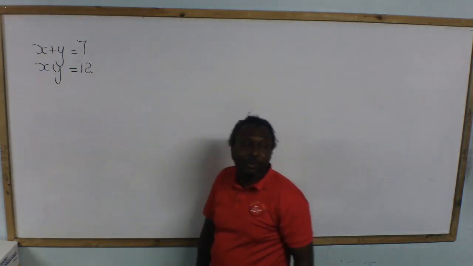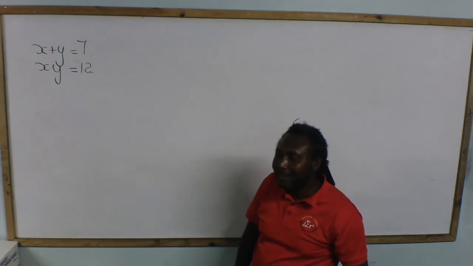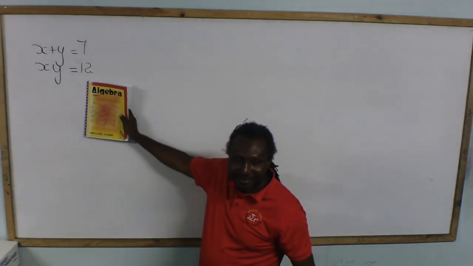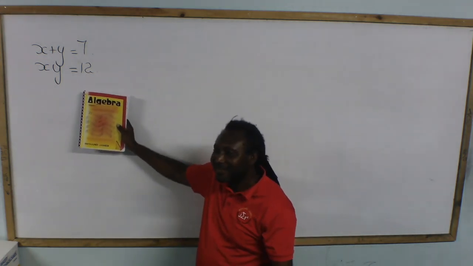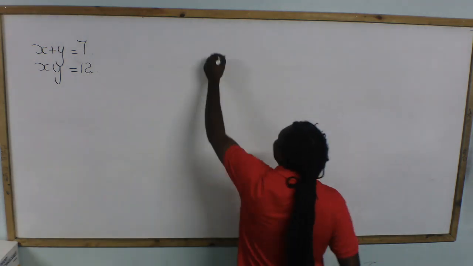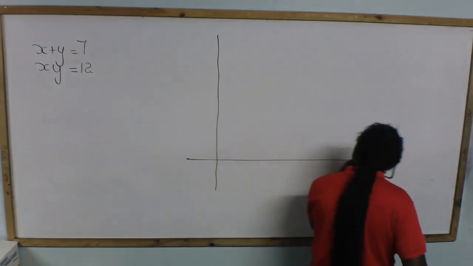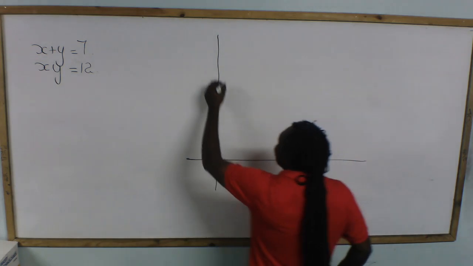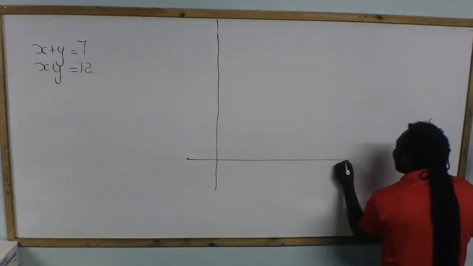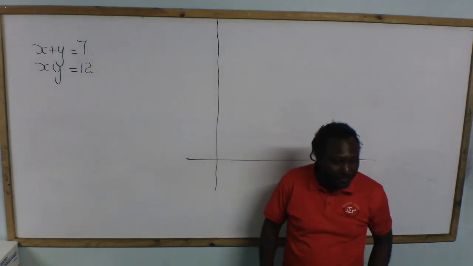The first one will be represented by a straight line. And the other one will be represented by a what? It is not a straight line. It is a curve. Now, we will make a brave attempt with free hand to graph the solution, if it will work. That's what we will do.